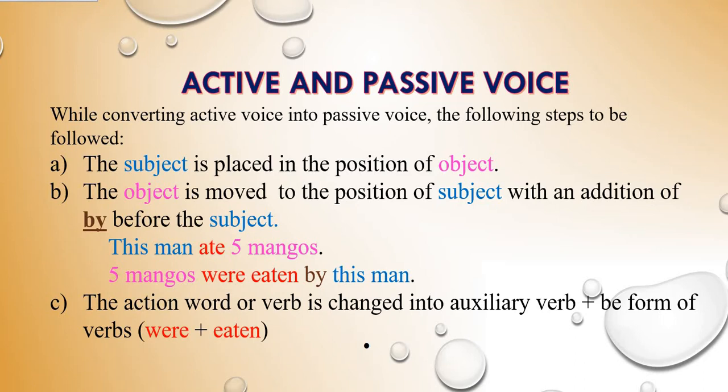What is be form? When you add en, ed or ing to a verb, then it becomes the be form of verb. So, you should keep it in mind to add the correct be form verbs after the auxiliary verb. Now, for example, were is the auxiliary verb and eaten is the be form of verb.